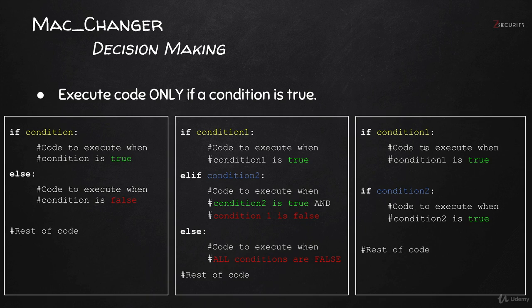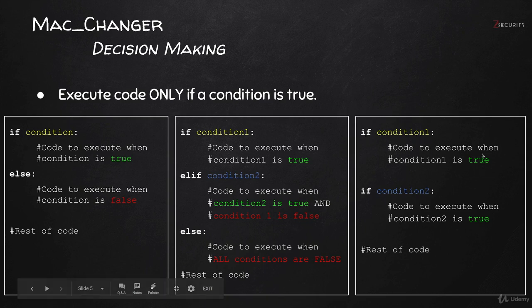In this example in here, we have multiple conditions as well, but notice we have two separate if statements. This is different than what we have here. We have an if, we have an elif, and we have an else. So all of this is one if statement. In here, this is two separate if statements. So what happens is Python checks for condition 1.